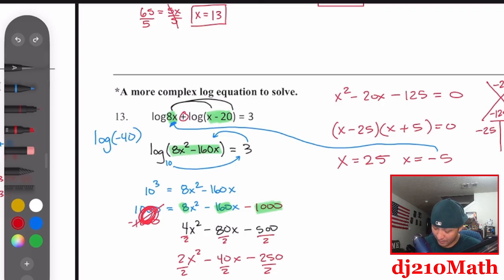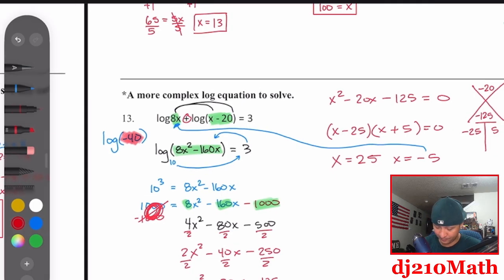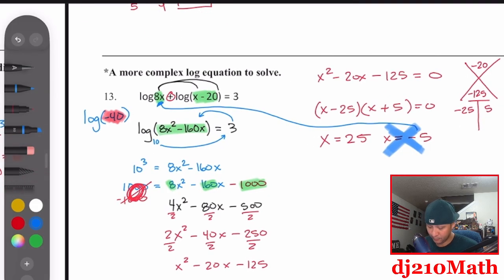This is bad. Put it in red. This is not true. We could test the other one, but the other one definitely is going to work.